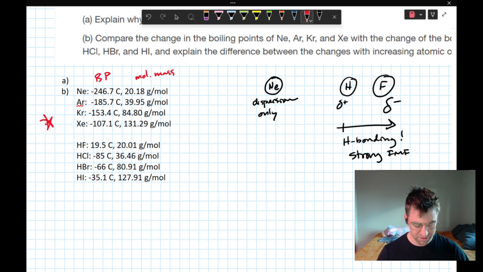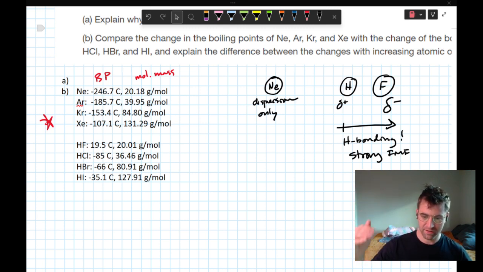And the trend that you should notice, let me pull up my periodic table here. Neon, argon, krypton, xenon were going down the group. And the same is true for these strong acids that we have assembled here. Hydrogen fluoride, fluoride being the most electronegative species, highest on the group, and working our way down.